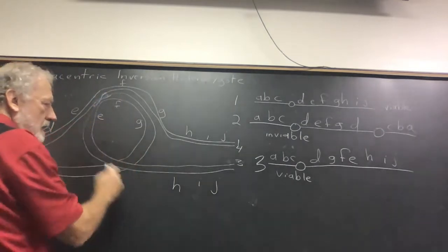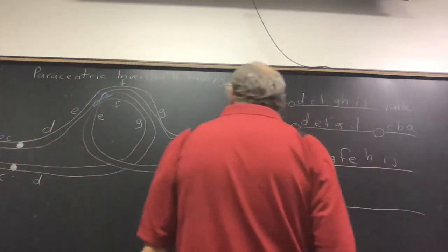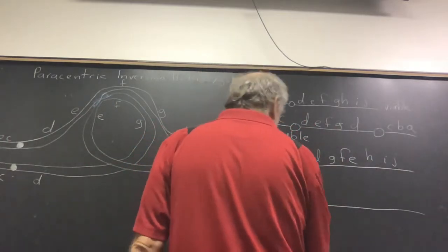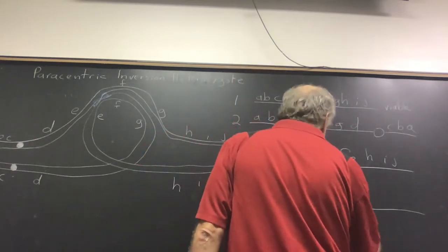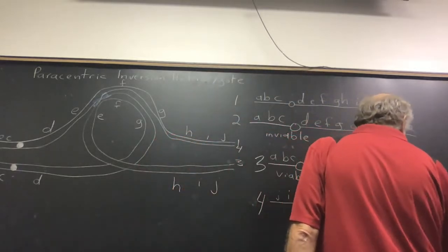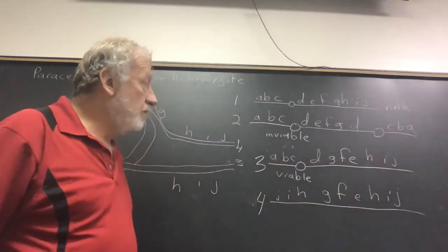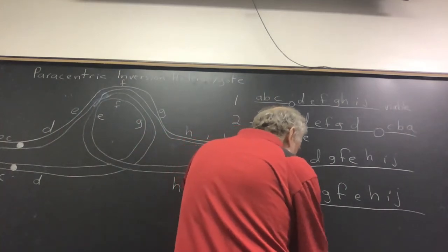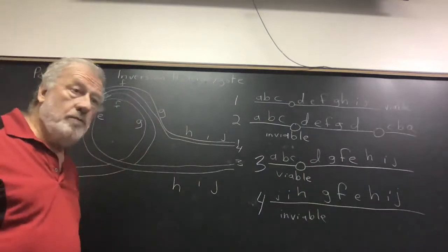F, E, H, I, J. And so this one has no centromere. It's an acentric fragment with deletions and duplications. So it's obviously going to result in inviable gametes if they include that chromosome, which I guess they won't because it doesn't have a centromere.